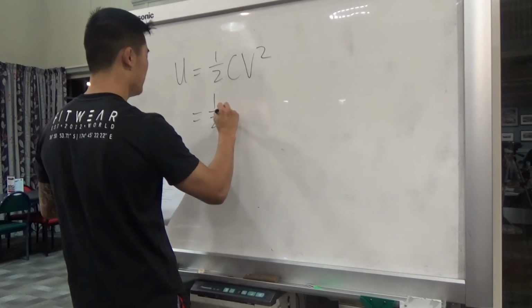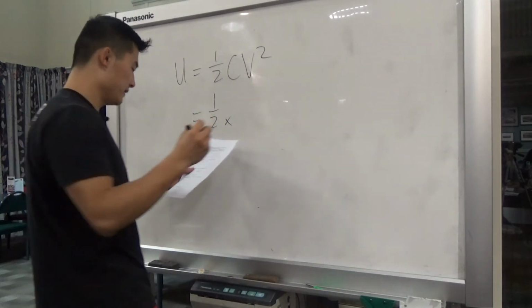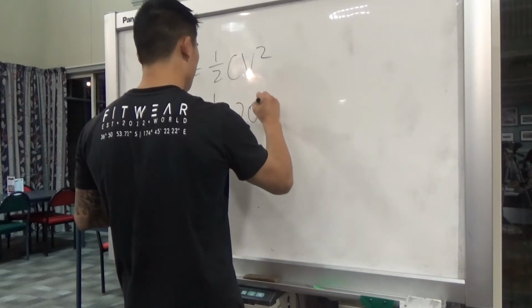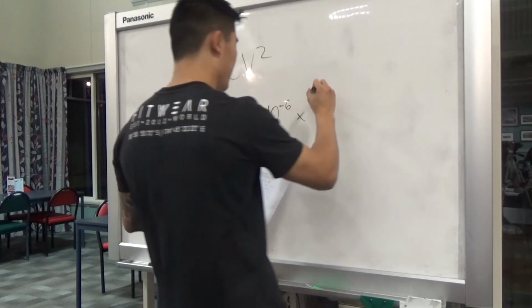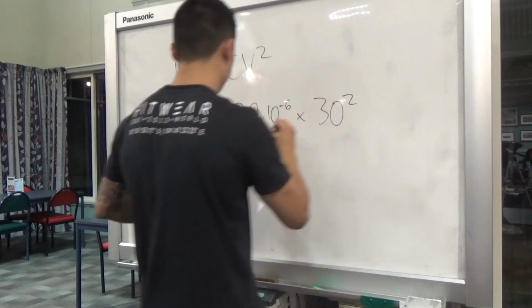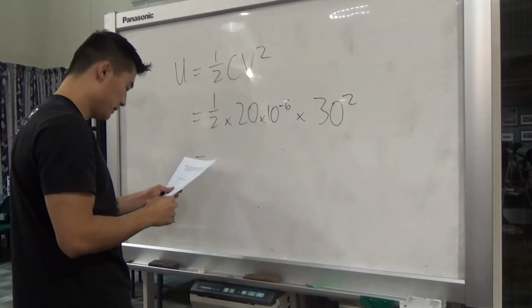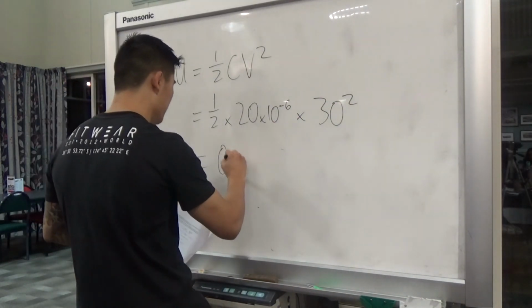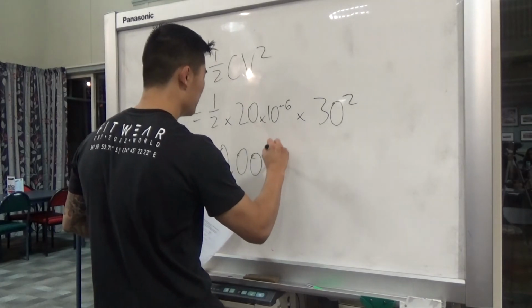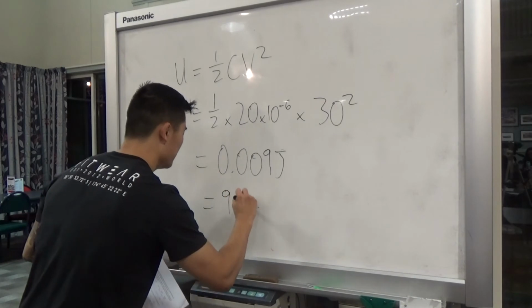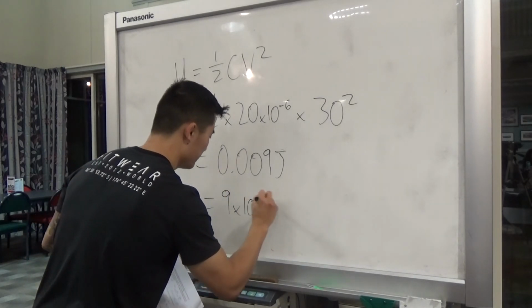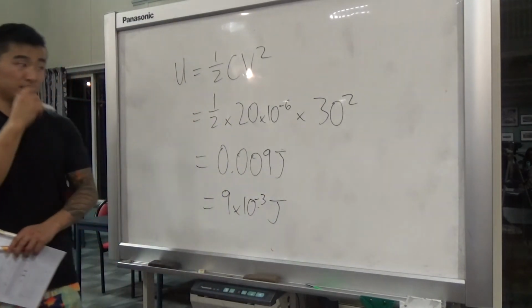So half times our capacitance, which is 20 times 10 to the negative 6, times our voltage, which is 30. So 30 squared. That will give you 0.009 joules, or you could write it as 9 times 10 to the negative 3 joules.